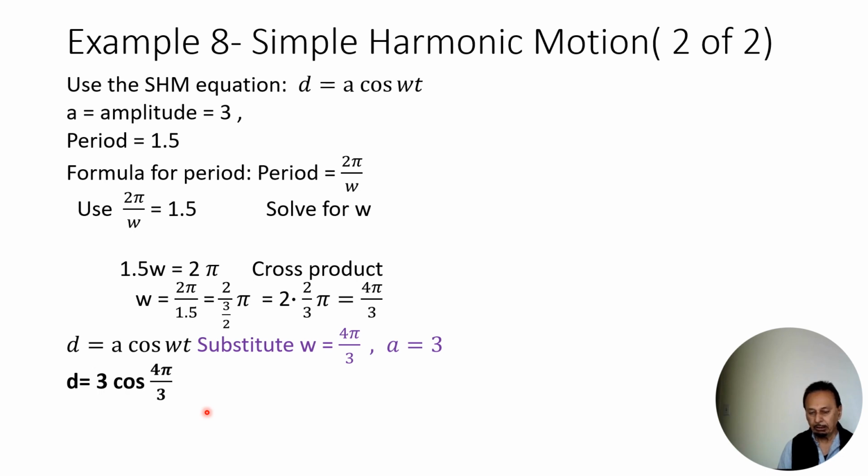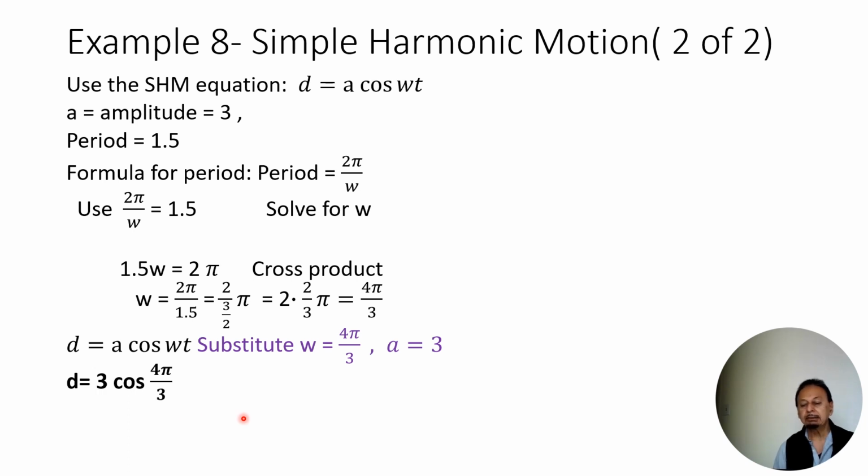So now we already know a is 3 and w we just found is 4 pi over 3. So substitute these values in the given equation d equals a cosine wt, and it becomes d equals 3 cosine 4 pi over 3 t.